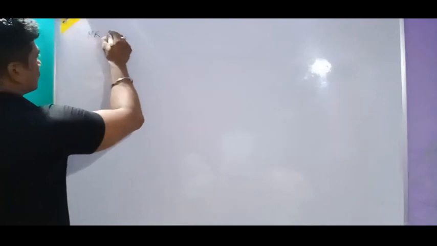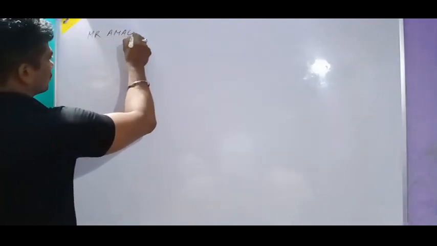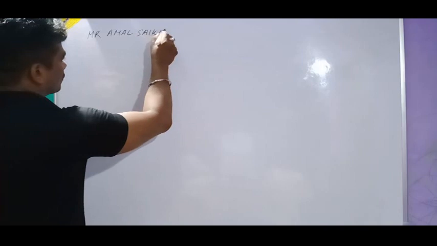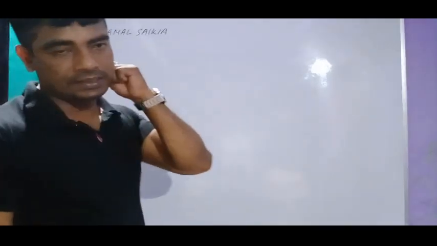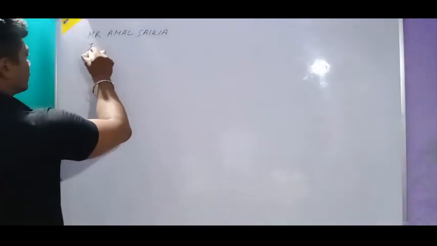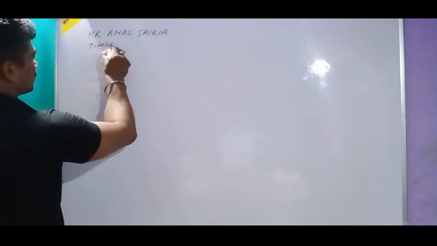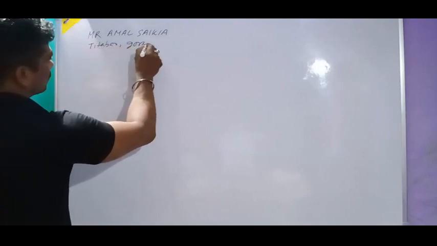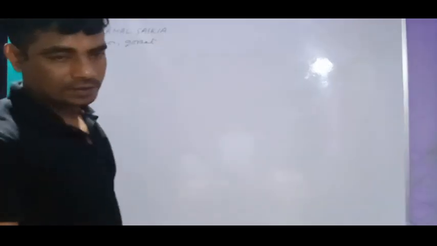This time I will just write. Okay. And the names I think we can remember. One was Amal Saikia and then Anima Saikia. Now Amal Saikia is writing his own name. Then he will write his own address, Titabar, Jorhat.